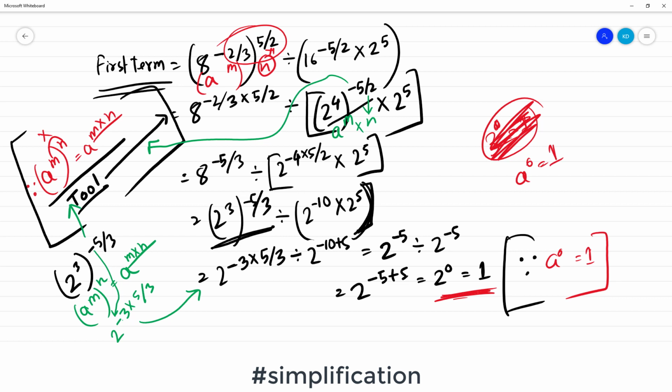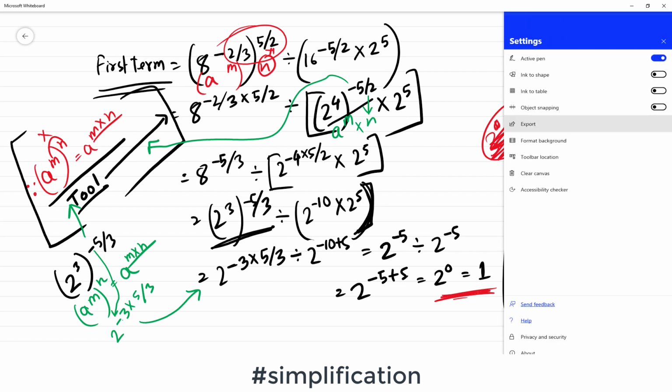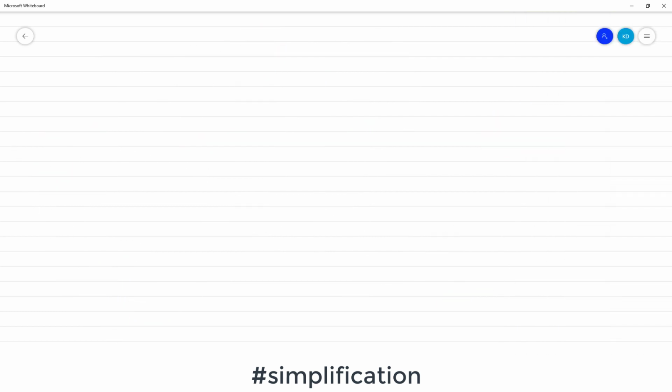Okay, then go to the second term, and the second term is this thing.